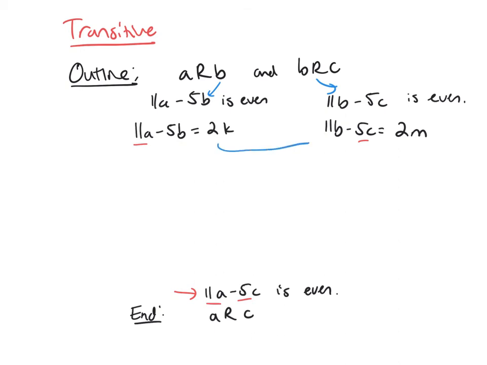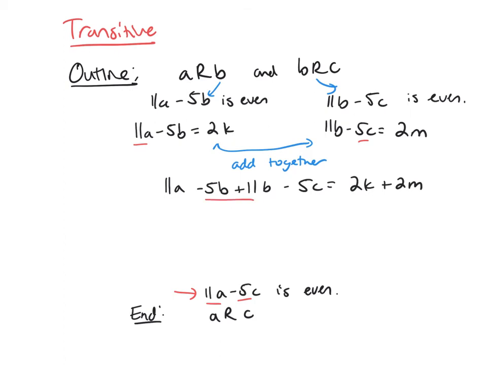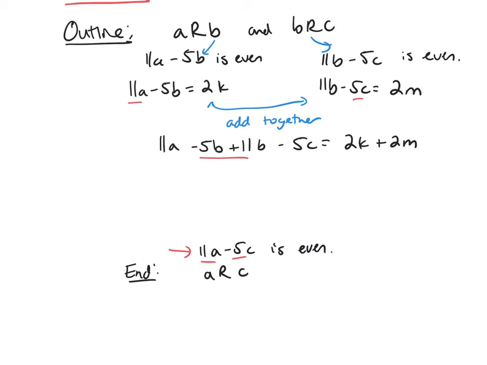So you're going to add these equations together. And if you do, you'll get 11A minus 5B plus 11B minus 5C equals 2K plus 2M. So I can take these middle two and combine my B. So 11A plus 6B minus 5C equals 2K plus 2M.